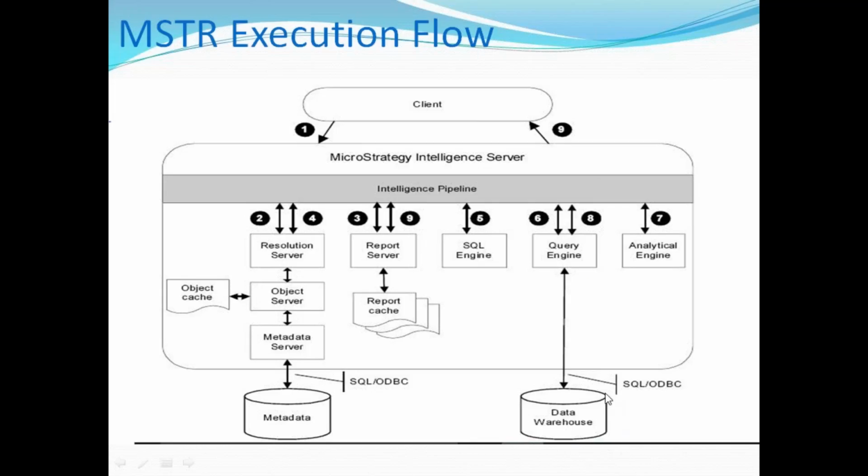From the data warehouse it collects the data, and that data is passed into the analytical engine, where it does additional calculations, any totals, or applies the view filter, or tomorrow's dynamic aggregation. All of that gets calculated at the analytical engine and then passes on to the report.